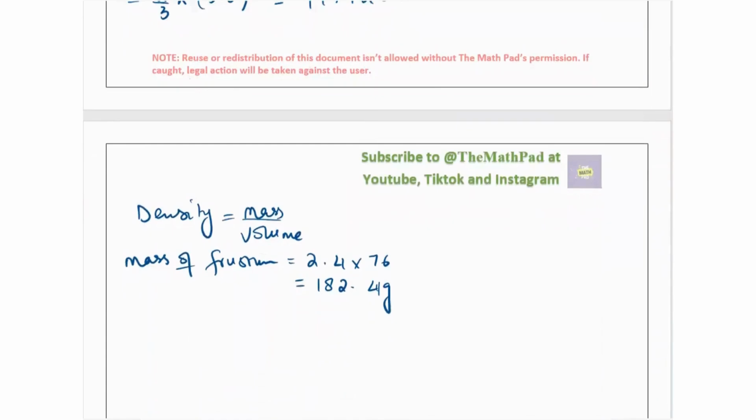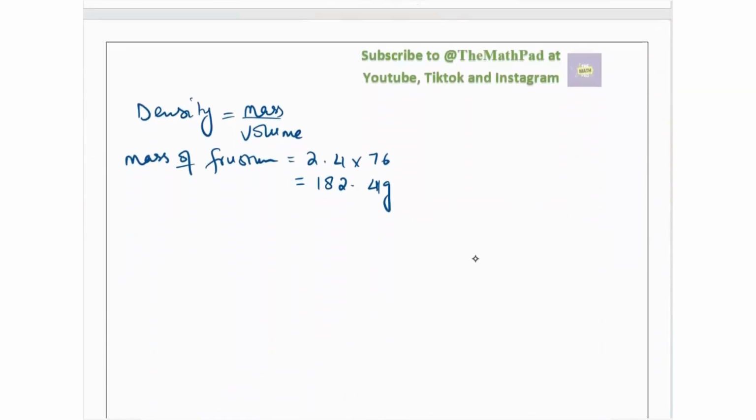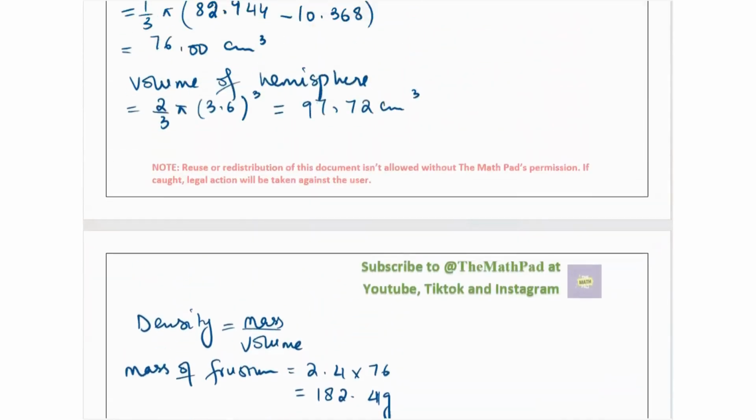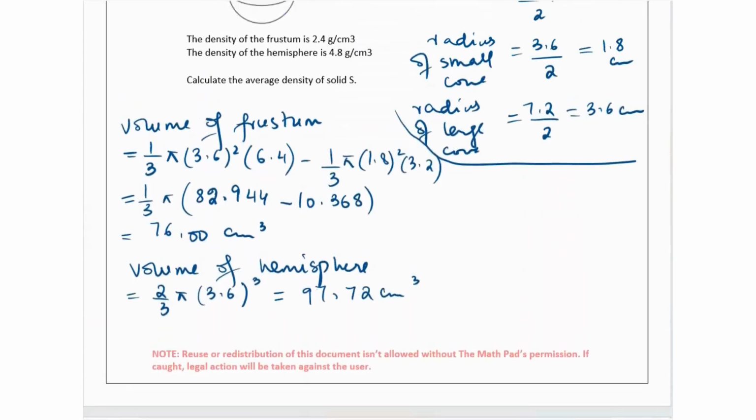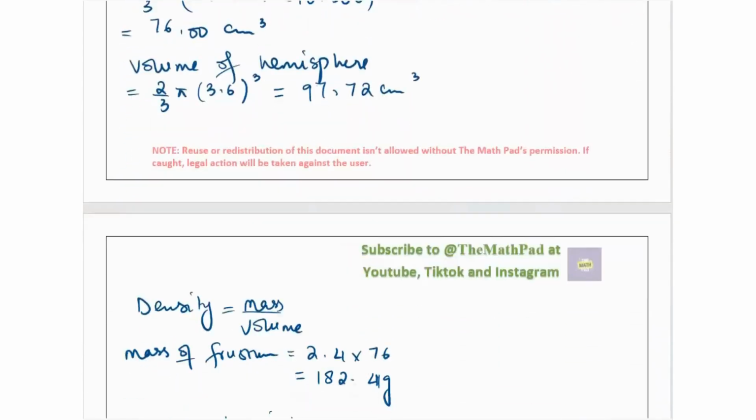Then the mass of the hemisphere is going to be the density of the hemisphere, which is 4.8, times 97.72.